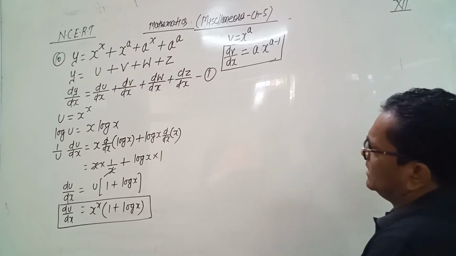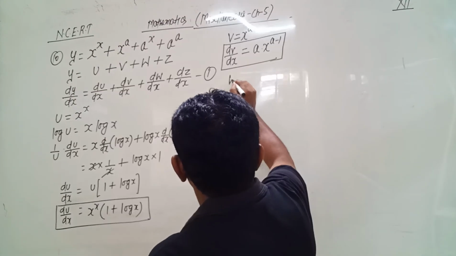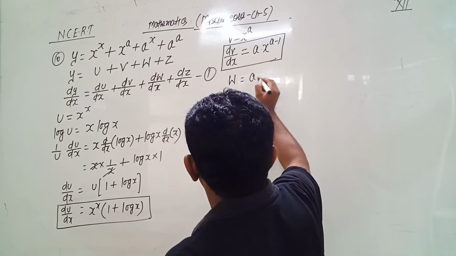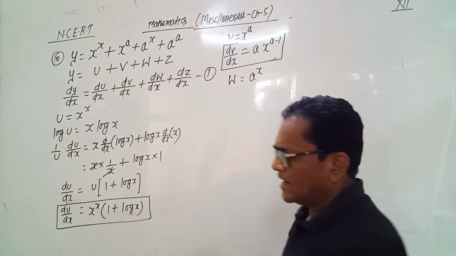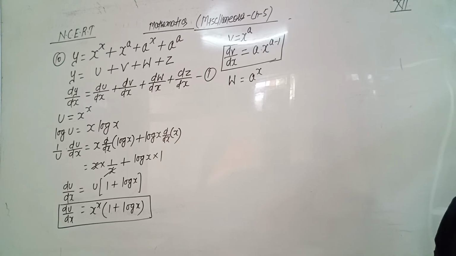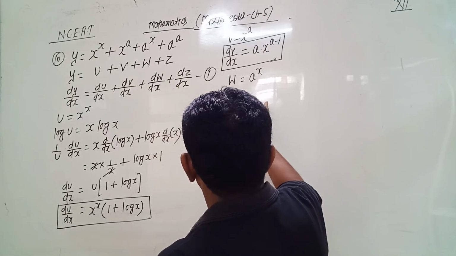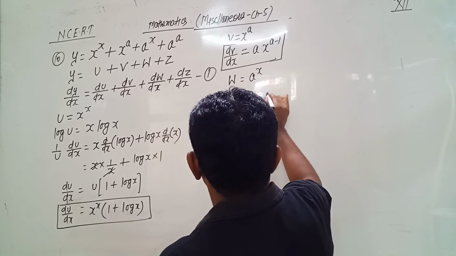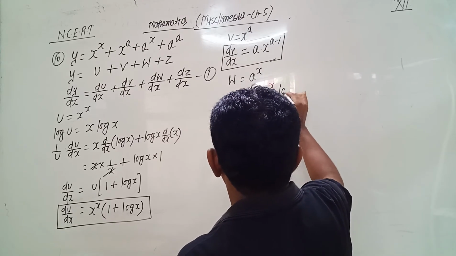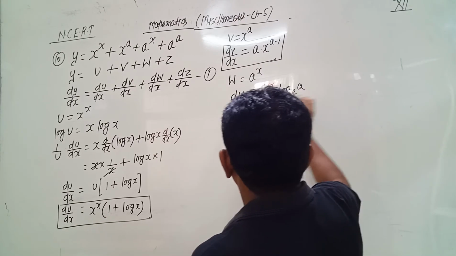Then w equals a raised to the power x. This will again be differentiated directly, so dw by dx equals a raised to the power x log base e.